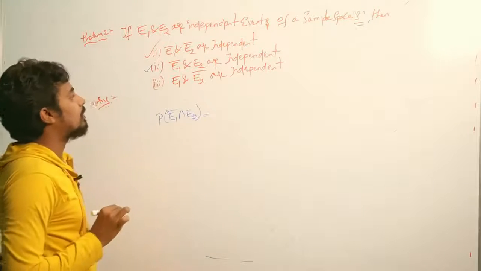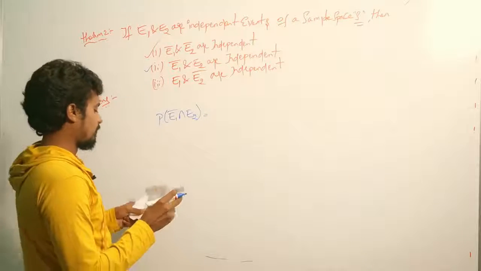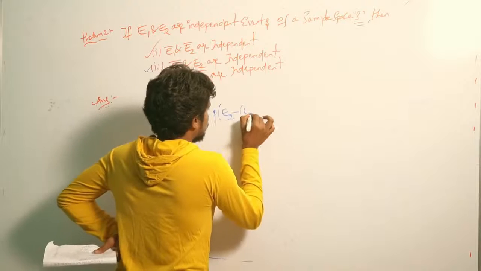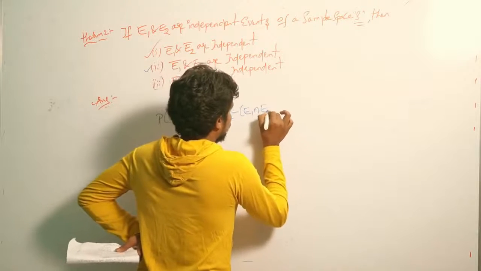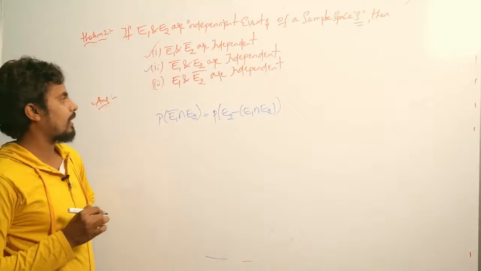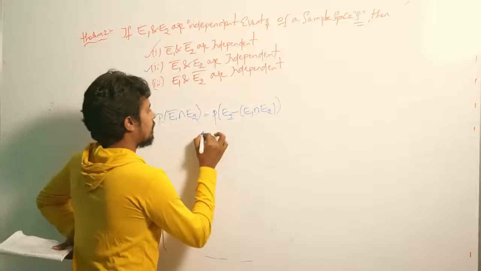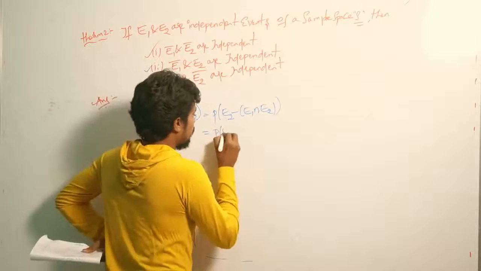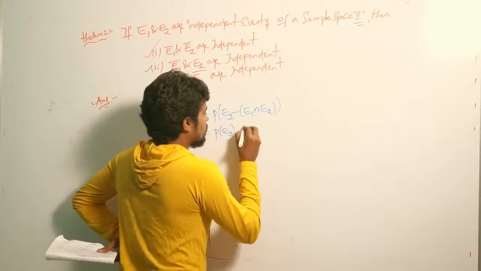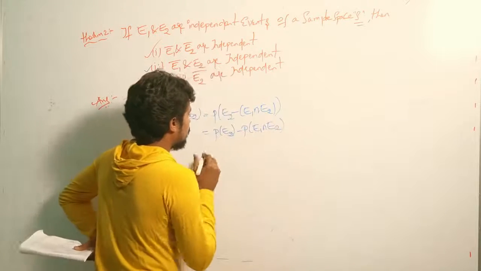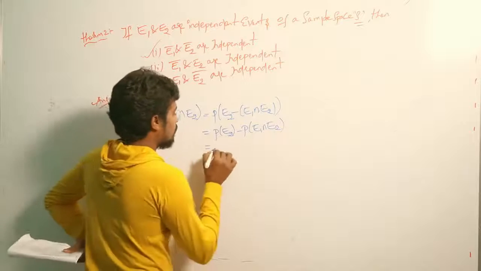That will be equal to P of E2 minus E1 intersection E2, right? If you apply the probability for this, you have P of E2 minus P of E1 intersection E2.